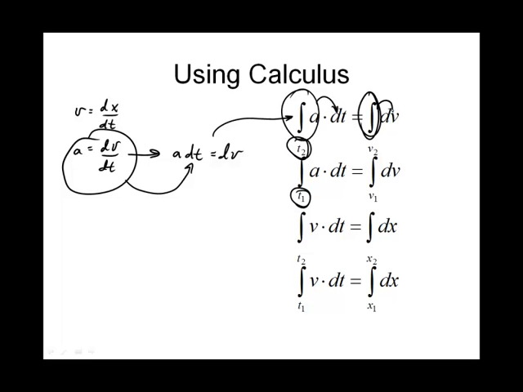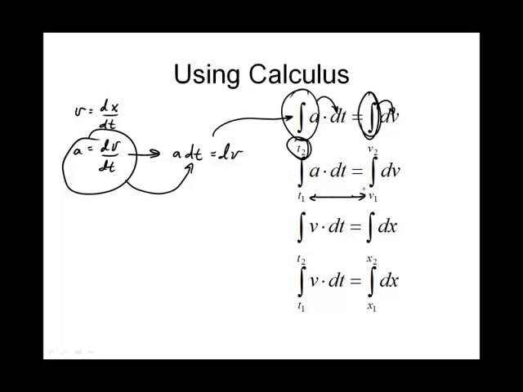On this side, the integral is with respect to velocity. And so the limits of integration have to be velocities. Now v1 then must be the velocity at time t1. In other words, these limits must correspond to each other. They're not the same, because one's a velocity and one's a time, but they must correspond to each other.